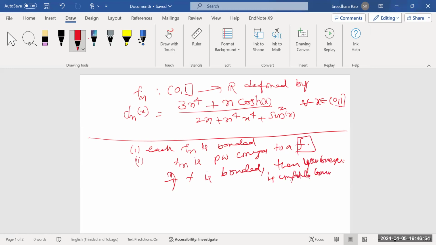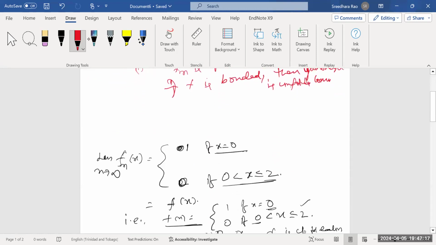If the limit function F is not bounded, then it is not uniformly convergent. So all these are indirectly what we proved as theorems. We call these the tests for uniform convergence.